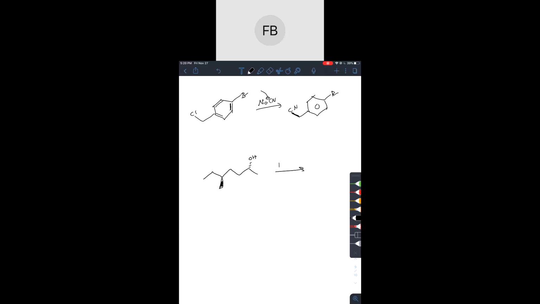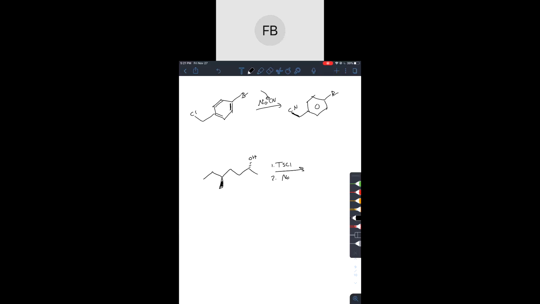So it's one TsCl, and if you write these numbers, it means that first you react it with the entire thing on top, then you throw in this other thing. So TsCl, and then the bottom one is NaN3.